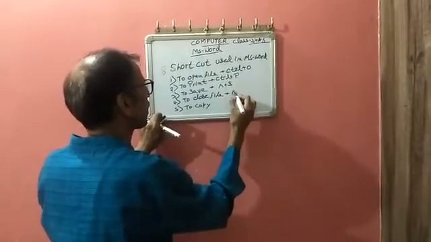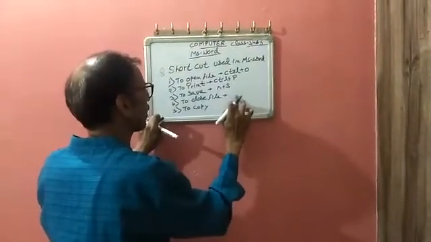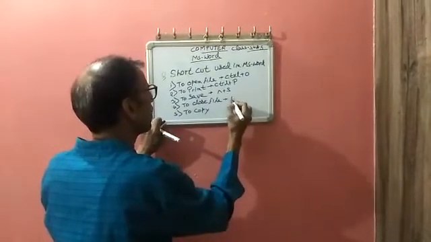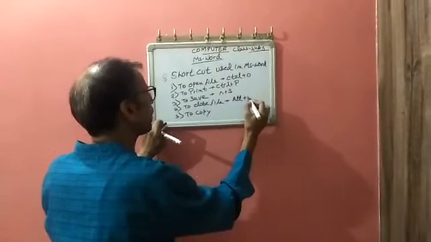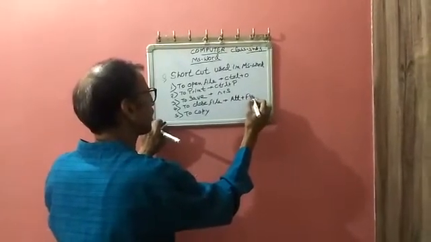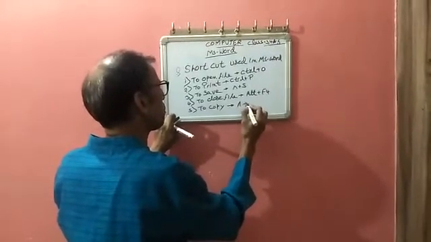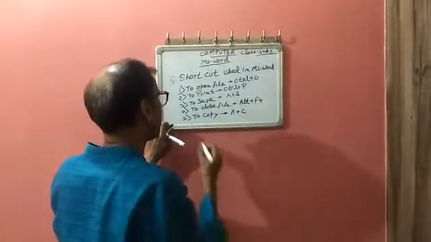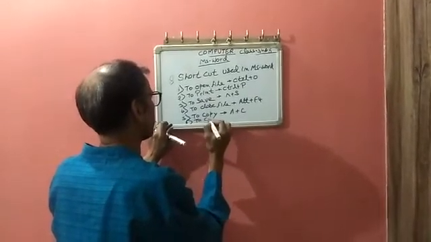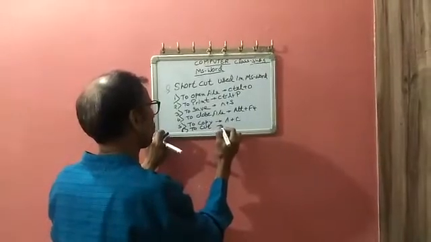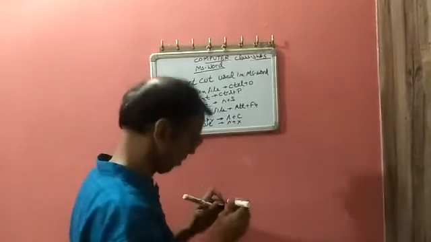Next is a little bit different: Alt plus F4, the Alt key plus the F4 function key, to close a file. Next is copy, Control plus C. The sixth one is to cut, and cut is Control plus X.